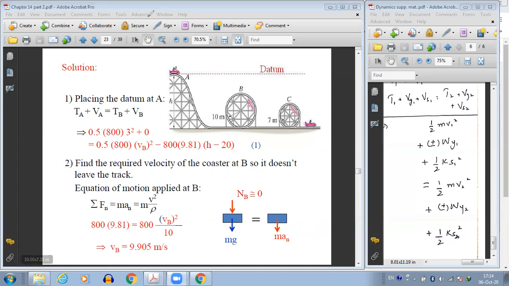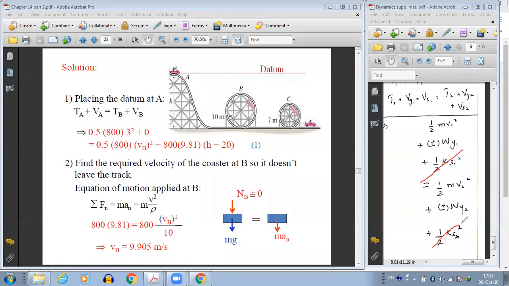When the roller coaster moves on the track, the gravity potential will be there, but there's no spring here. Spring potential is not there. So let me cut this out. So it's just the gravity potential and the kinetic energy.